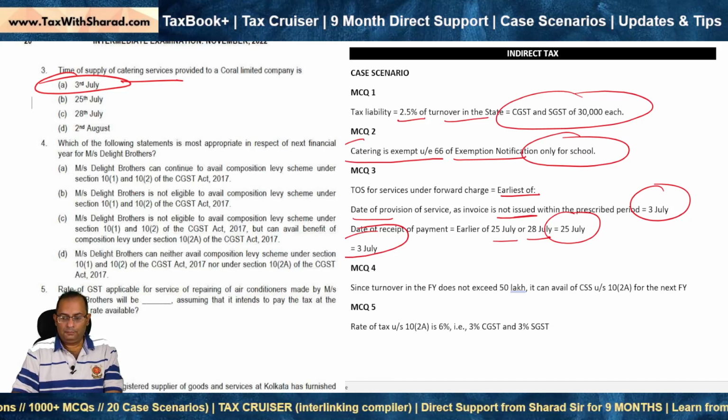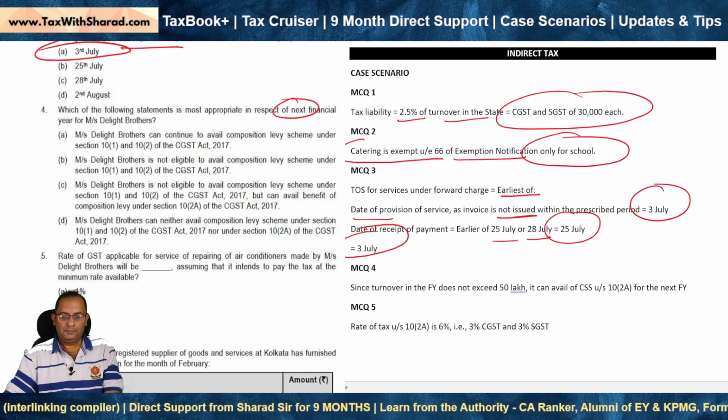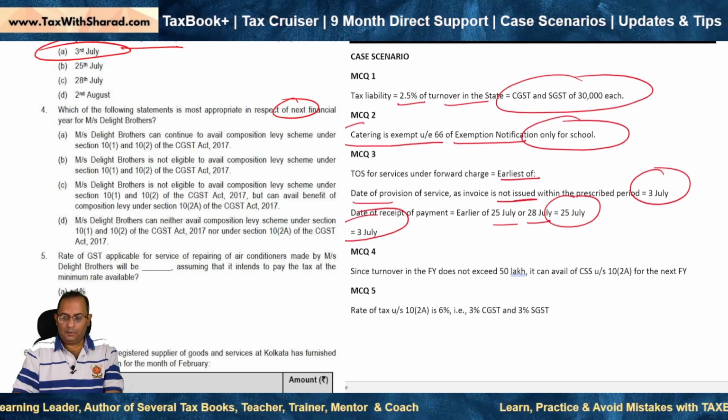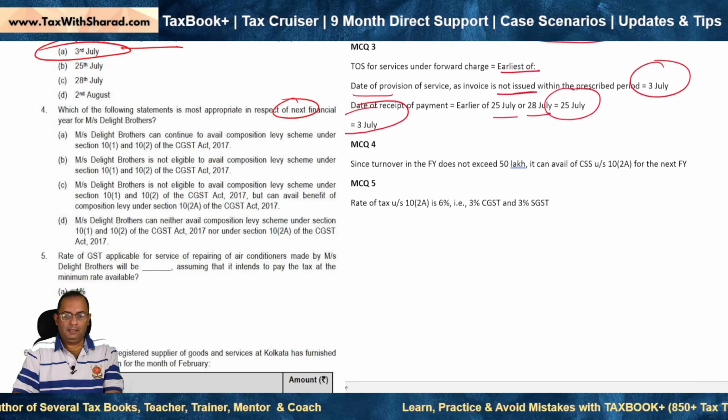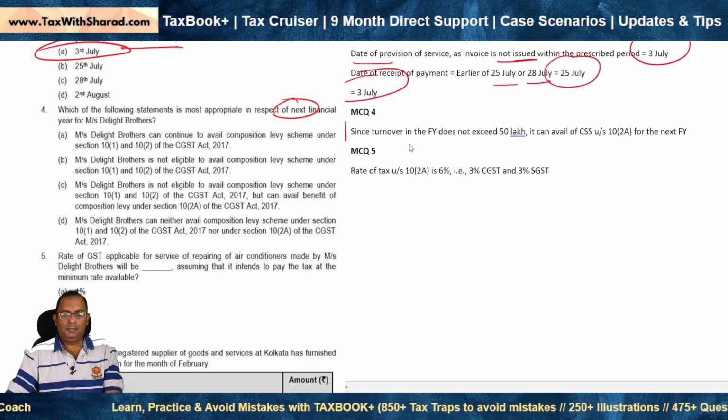Question 4. Which of the following statements is most appropriate in respect of next financial year? So as we looked at in the question, Messrs. Delight Brothers will discontinue the restaurant business and start a pure service business from the next financial year. Composition scheme for services can be availed under section 10(2)(a) since it's a service business, but the condition is that the turnover in the preceding financial year should not exceed 50 lakh.